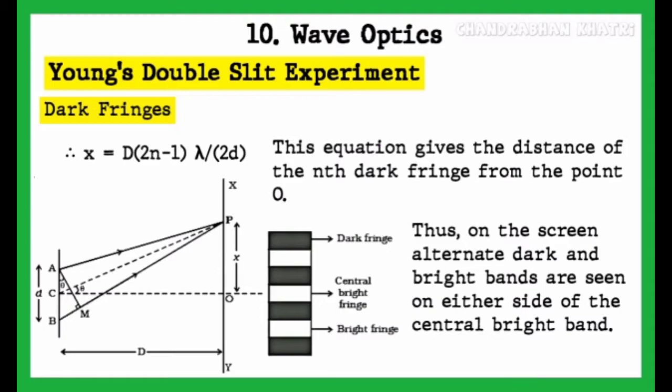So x is equal to capital D (2n minus 1) lambda upon 2 small d. This equation gives the distance of the nth dark fringe from the point O, as you can see in this diagram.